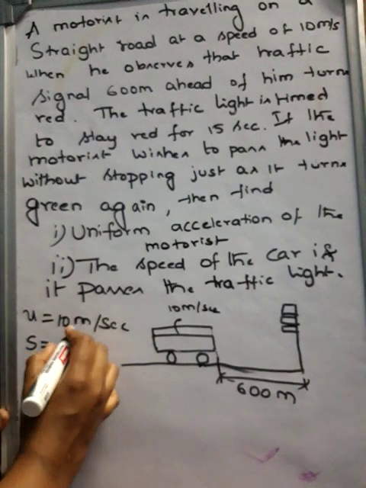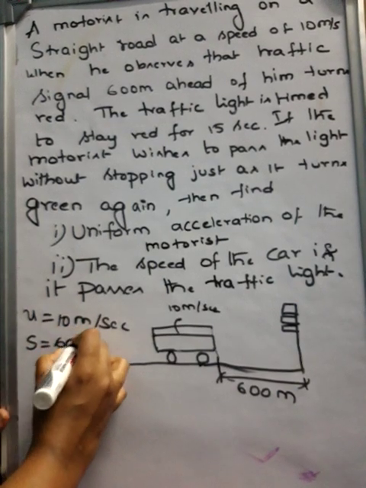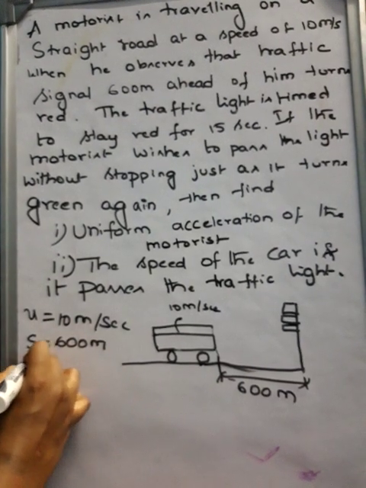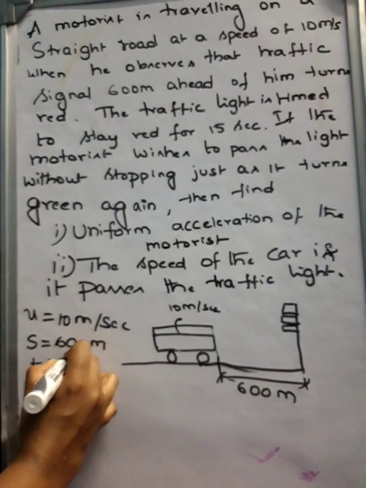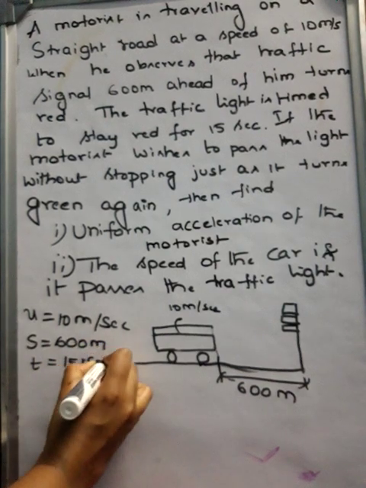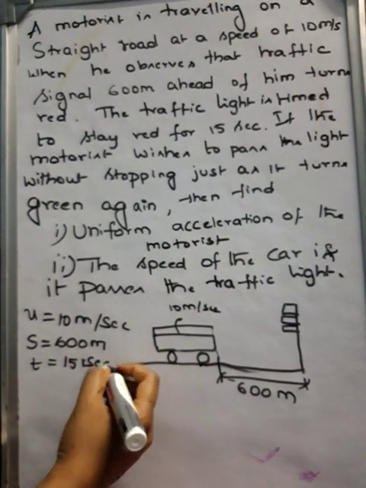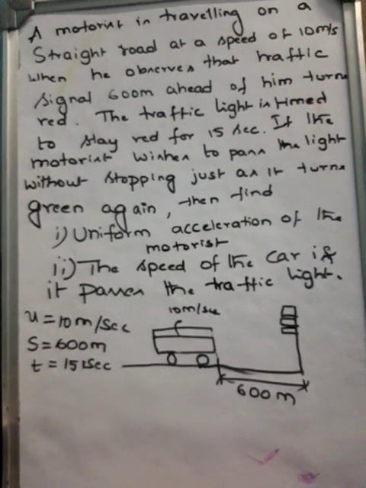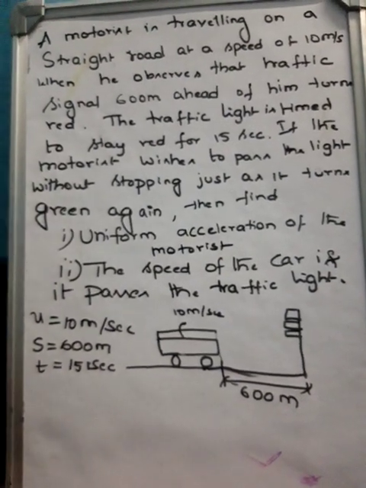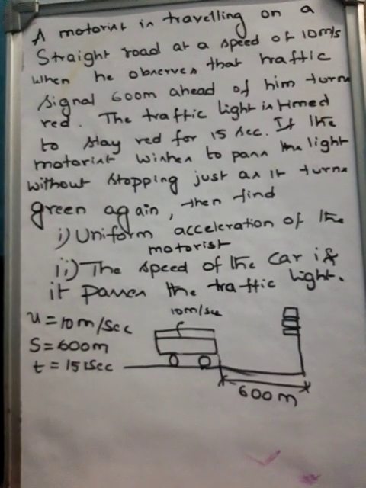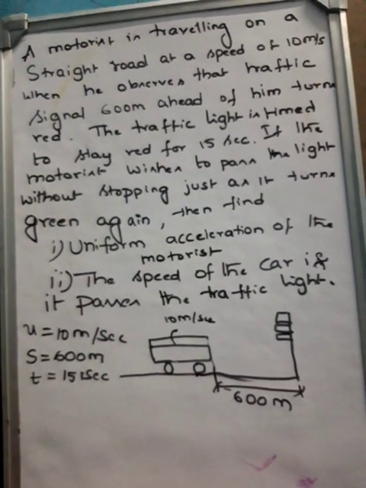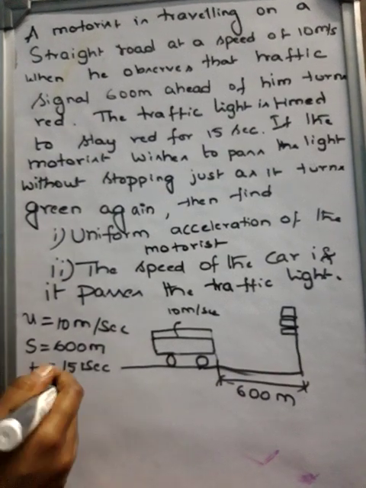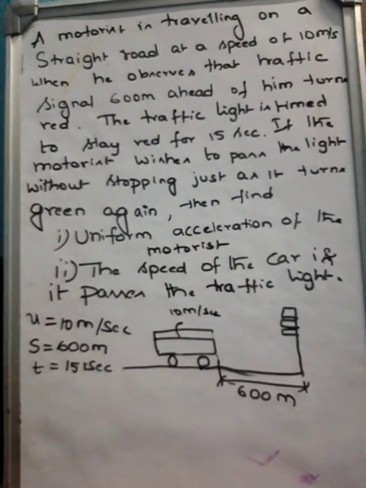Then he has to travel a distance of 600 meters, and that too within a time of 15 seconds. So for these conditions you have to calculate the uniform acceleration, and then with the acceleration value you are supposed to calculate the speed, that means the final velocity of the car.